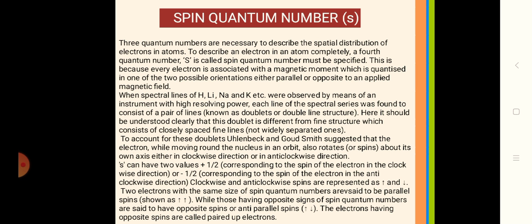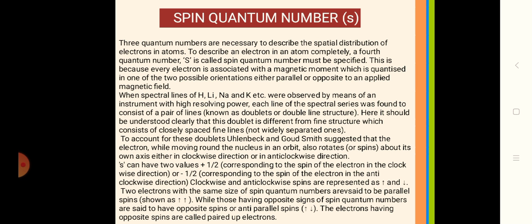When spectral lines of H, hydrogen, Li, lithium, Na, sodium, and K, potassium, etc. were observed by means of an instrument with high resolving power, each line of the spectral series was found to consist of a pair of lines known as doublets or double line structure.